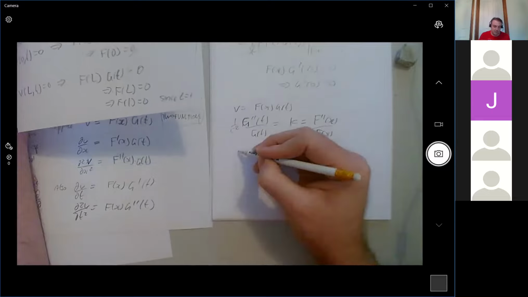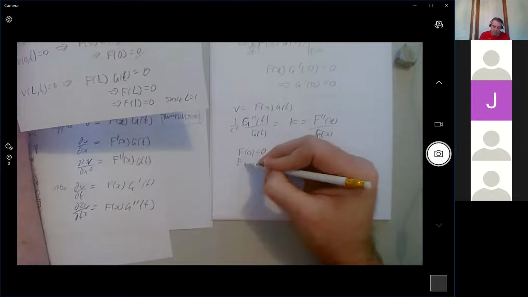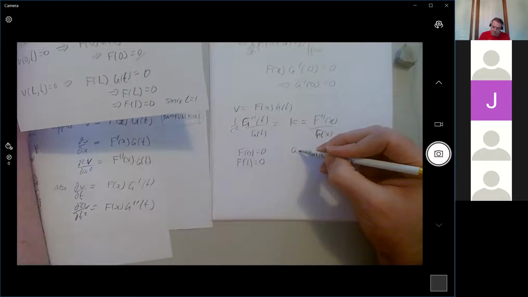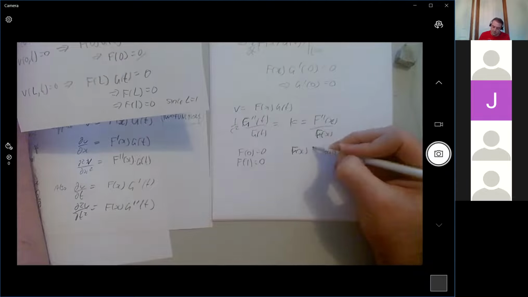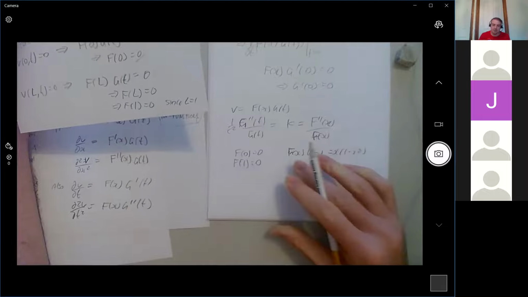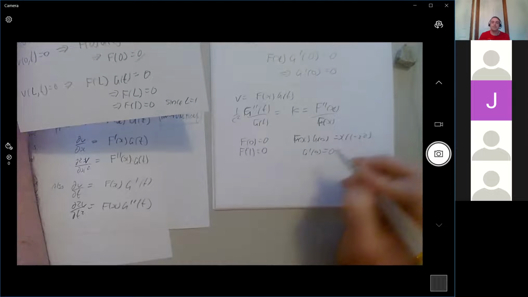And also we have that f of 0 is 0, f of 1 is 0, f of x times g of 0 is x times 1 minus x squared. That's unhelpful. And we have that g dashed of 0 is 0.